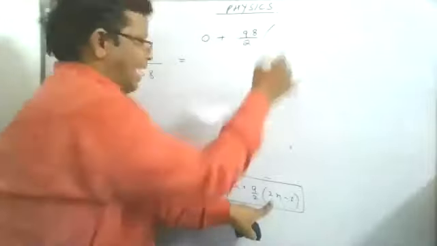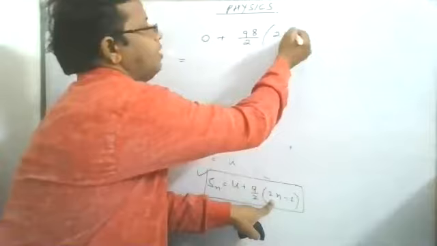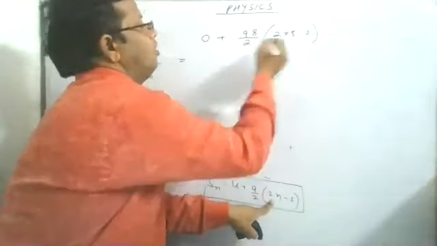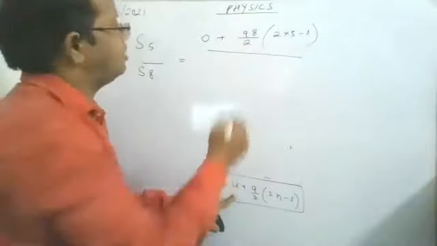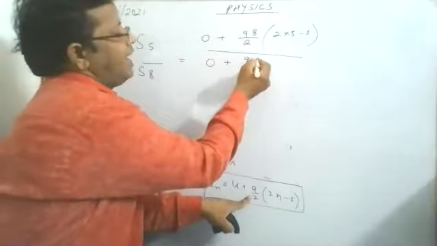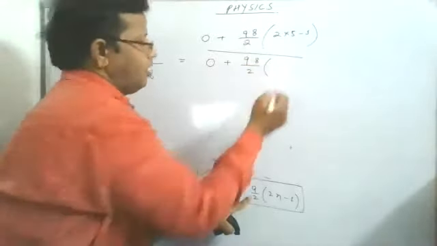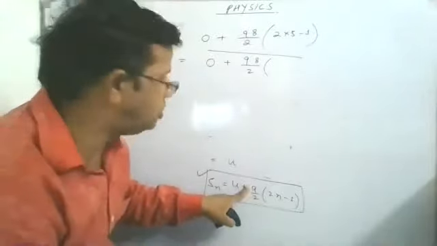Now what is n? N is 5th. 2 into 5, 2 into 5 minus 1, divided by... Second case, distance moved during 8 seconds. What is the initial velocity? 0 plus a is 9.8, acceleration under gravity. Because the body is falling under gravity, the value of a will be equal to g.